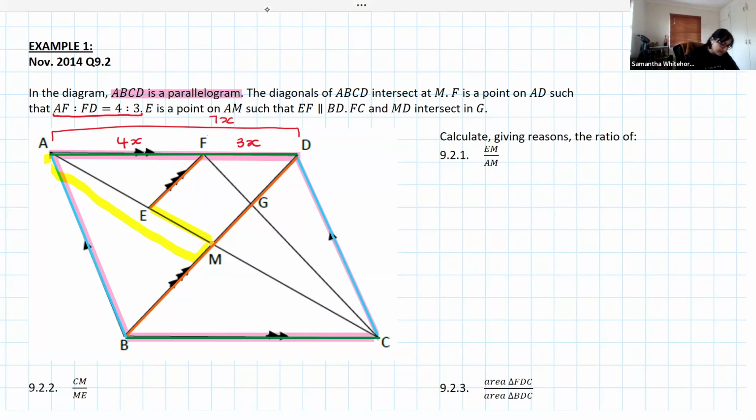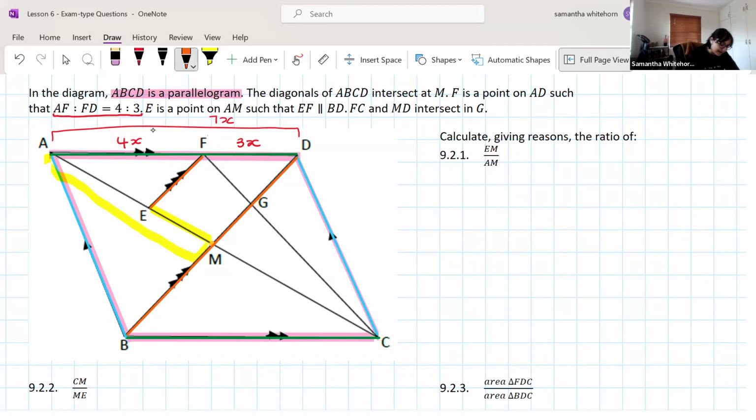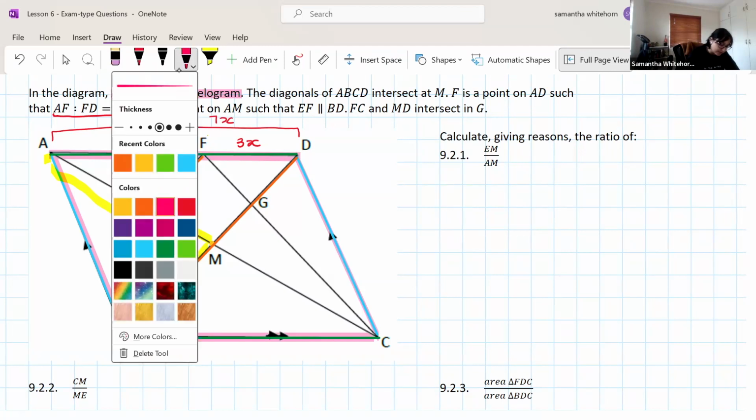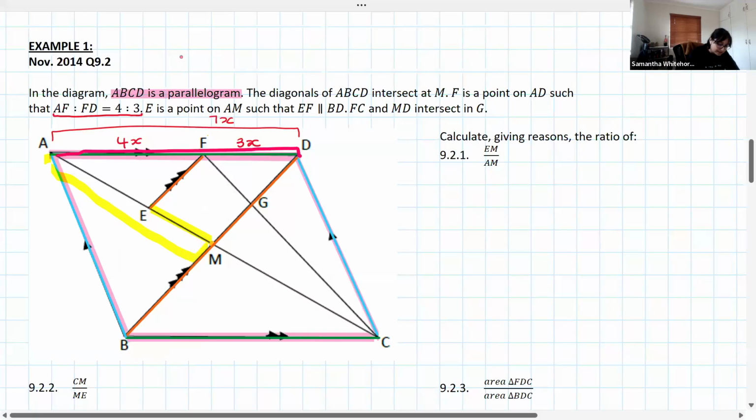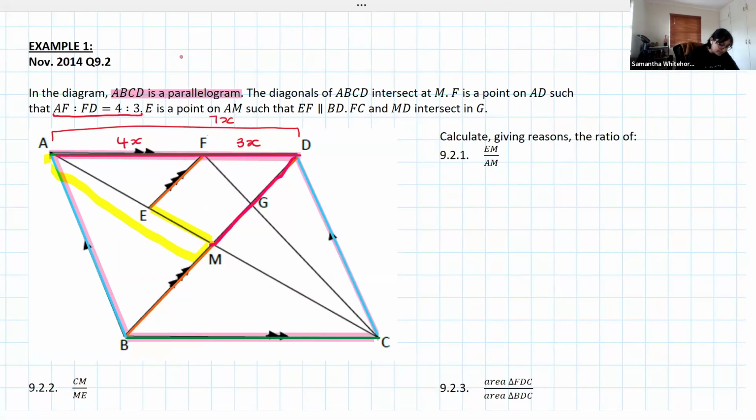But what I want you to have a look at is the fact that in triangle EDM, so this pink triangle I have going on here, we know that EF is parallel to MD, that was given to us. And because we've got one side of our triangle parallel to a line, we know that the proportion theorem applies here.